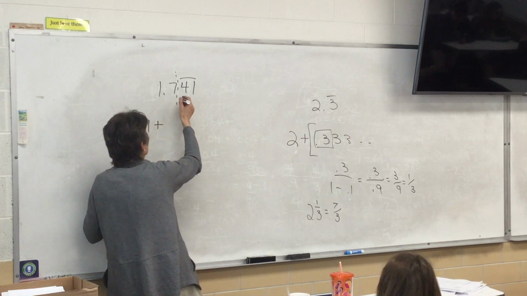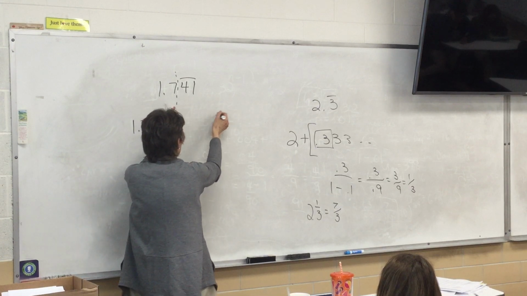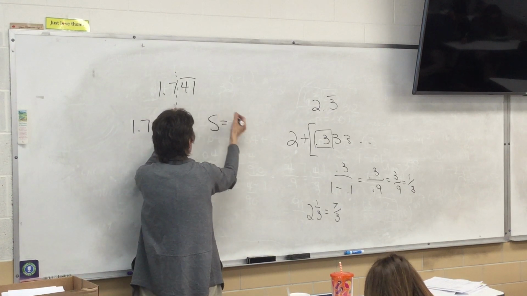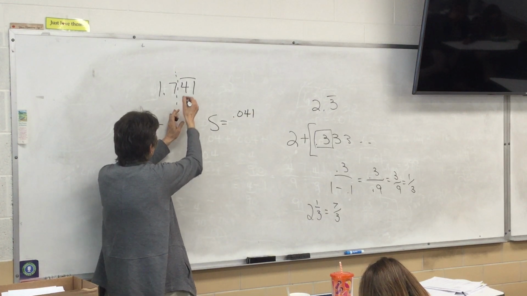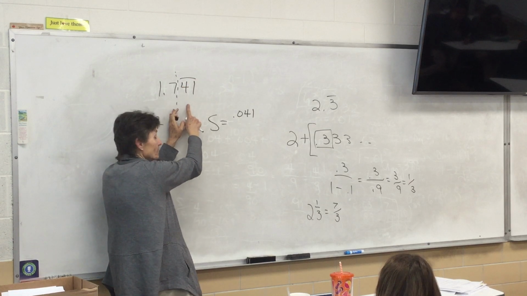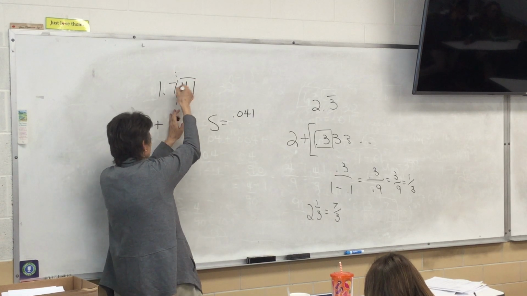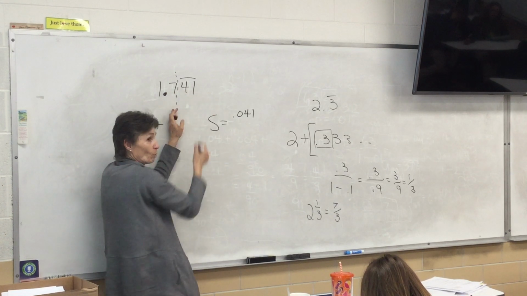Exactly, Ethan. My first term, what I'm going to use my formula for, my first term is 0.041. Because the first repeating thing is at 41, but I had to pull the 7 off, so there's a 0 in front of it. There's the decimal point, so it's 0.041.